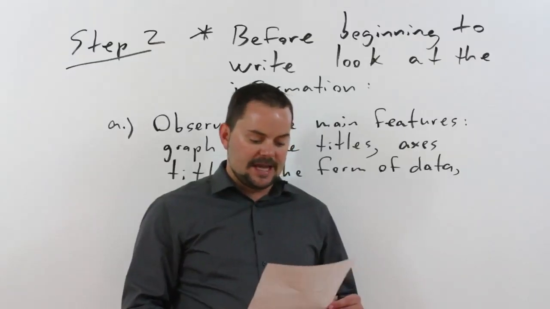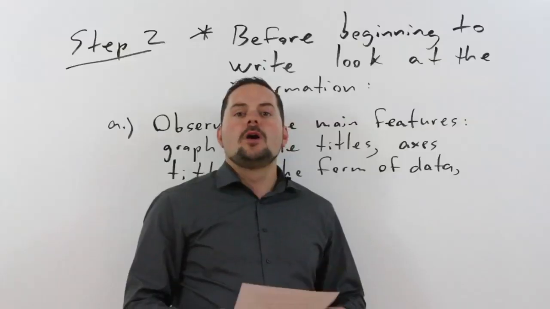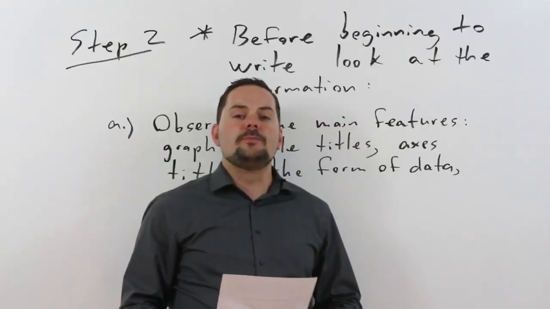All right, then we look at the data and we see that exercise is anywhere from 0 to 20 for these two men. Kilojoules goes anywhere from 9 to 15,000, and television is anywhere from 0 to 30, and that one's quite random. All right, so those are the main features.